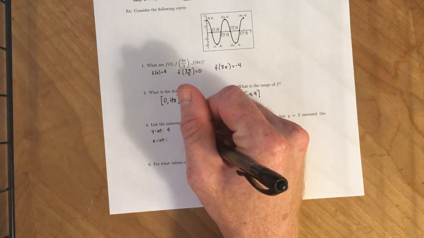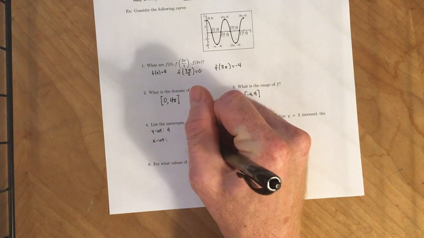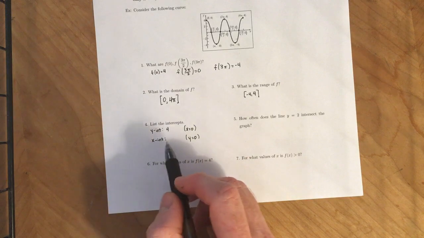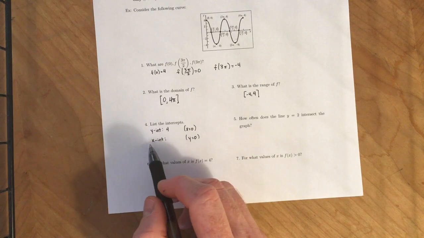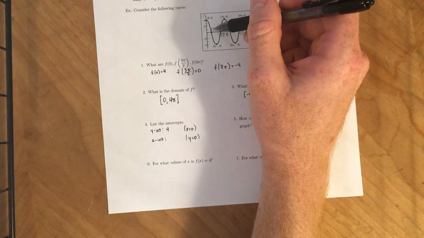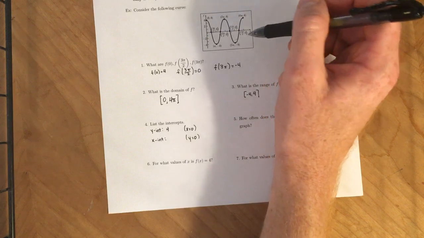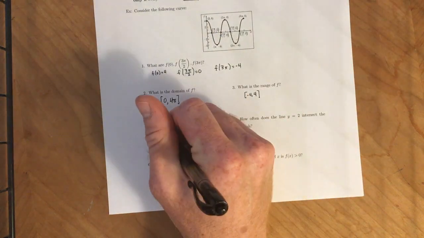So I'm going to maybe write that here just so you can keep track. And so we just need to create a list of all the values where the y is equal to 0. So we have pi over 2, we have 3 pi over 2, 5 pi over 2, and 7 pi over 2.